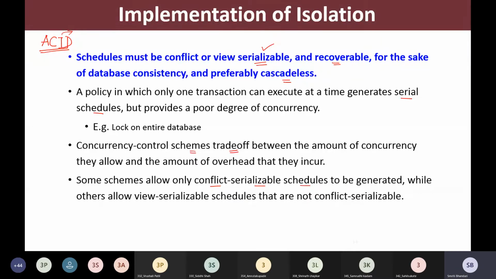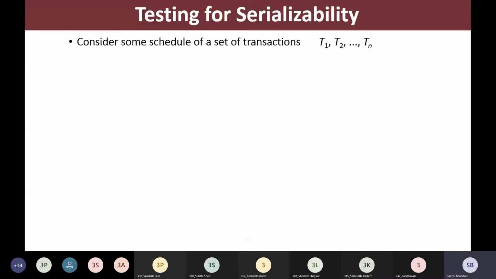So whenever we go for concurrency control schemes, we are going to focus more upon what kind of schedules are being generated by that scheme. Before that, we are now going to see how to test whether my schedule is serializable or not.